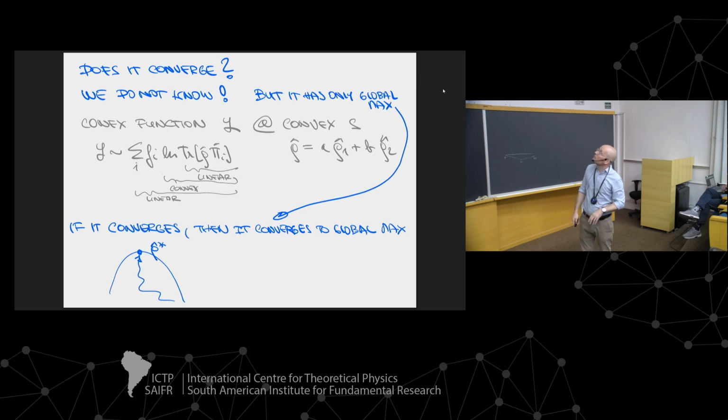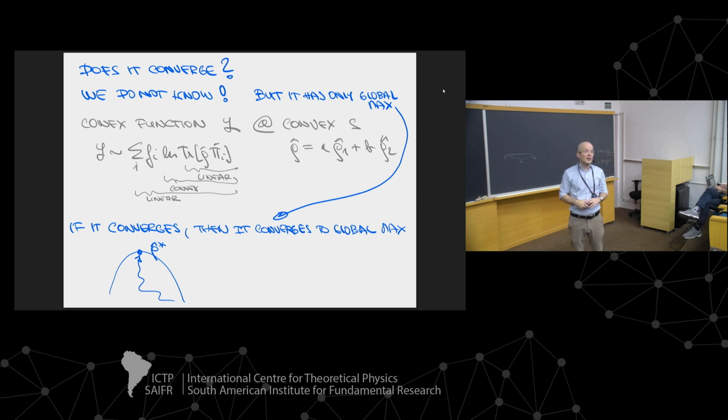So last note probably, how we even know that the process converged to something reasonable. I mean, the log likelihood functional is convex function of quantum states. And the space of quantum states is convex space.